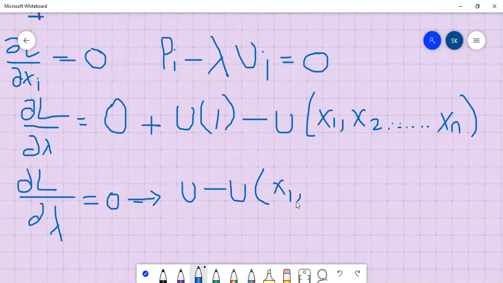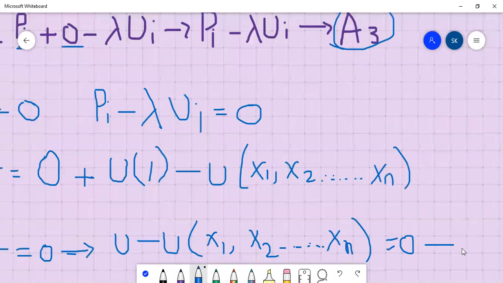You can also write xi over here, or if you want to write it completely, there's no problem with this. So u minus u(x1, x2 till xn) is equal to 0. Now this will be referred to as equation number A4.